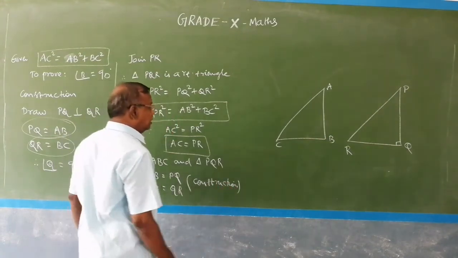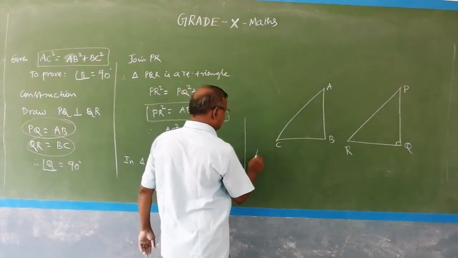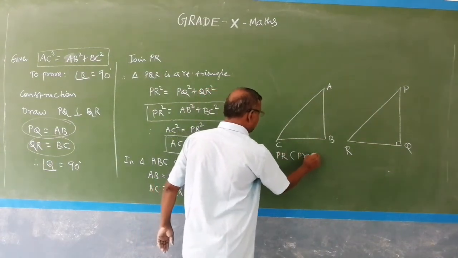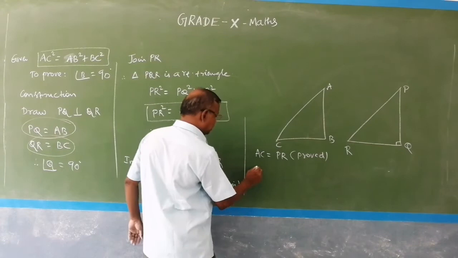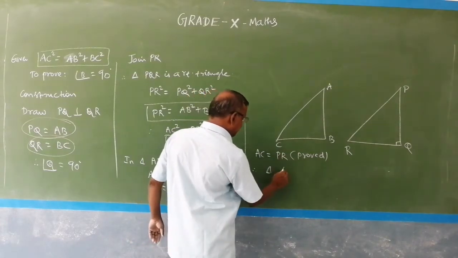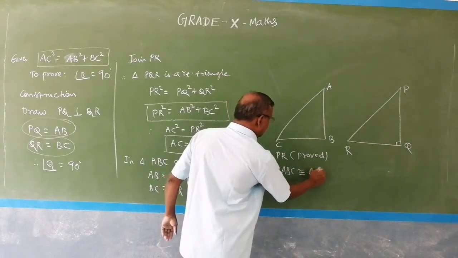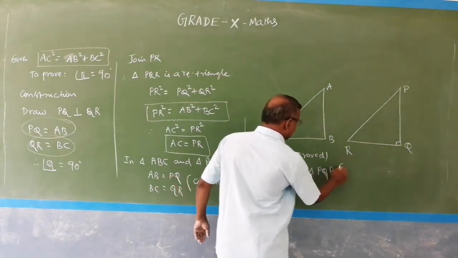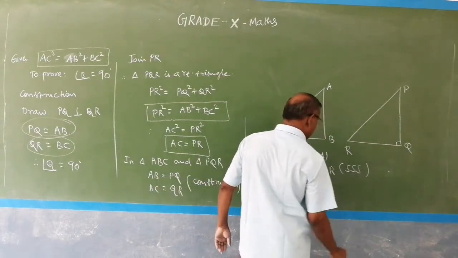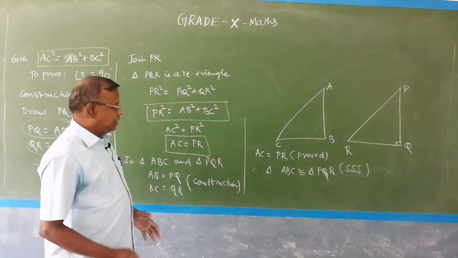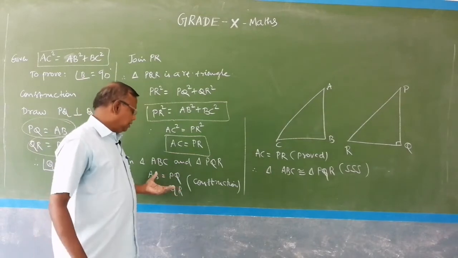Now AC equals PR, proved. Therefore, triangle ABC is congruent to triangle PQR by the SSS congruence criterion.